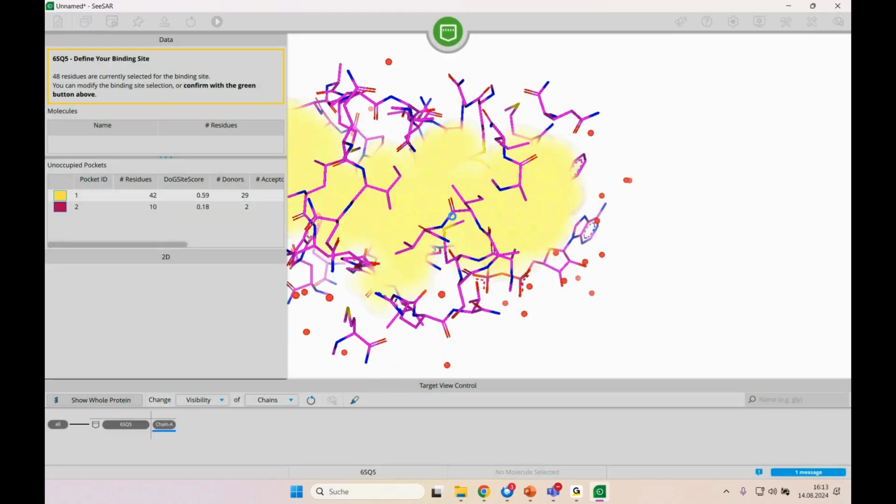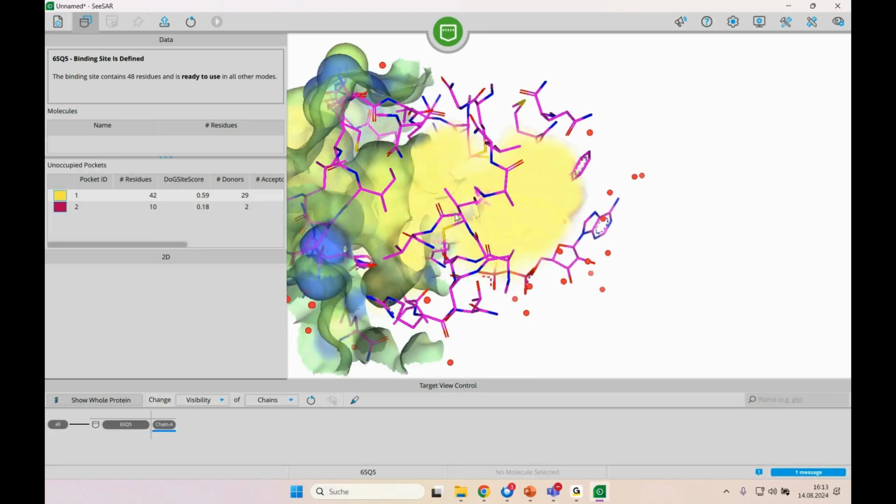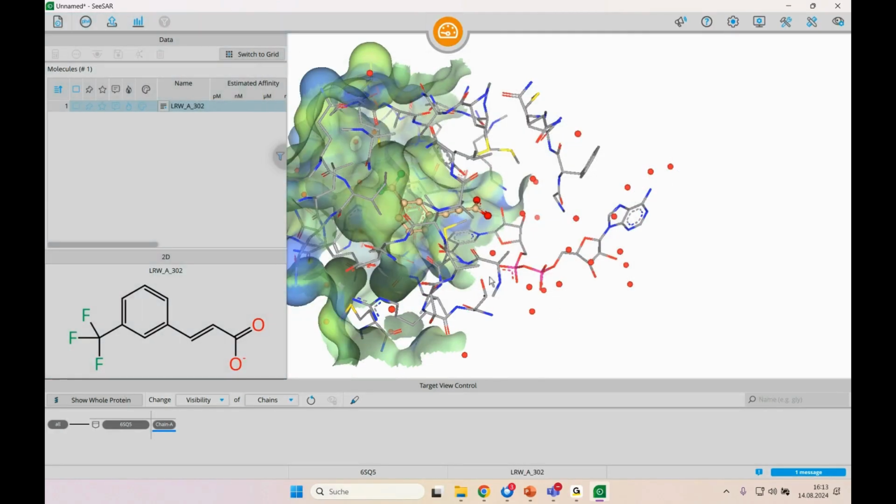Ignore risks and proceed. We might have to calculate this one more time, not a problem. Maybe I will switch on at least some water molecules.